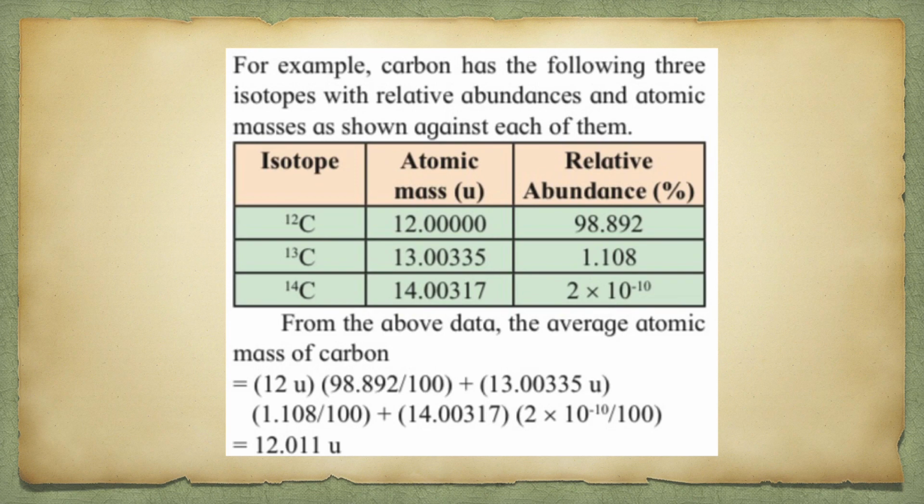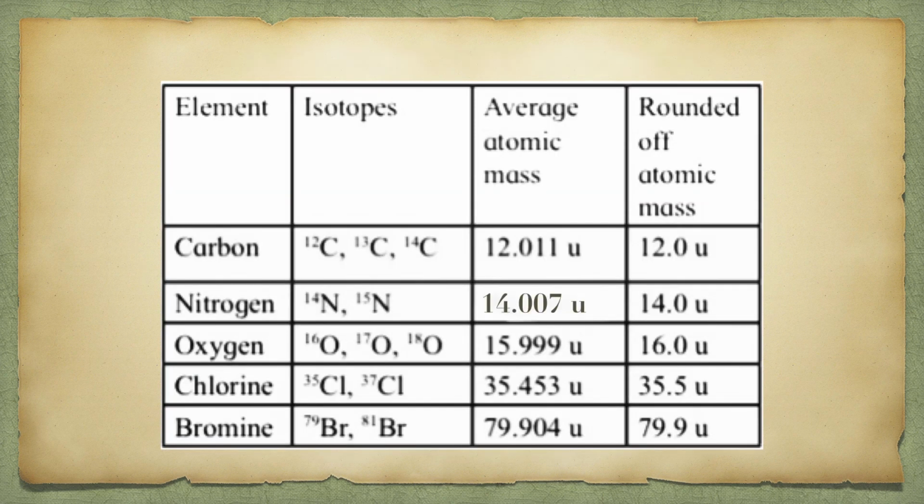So similarly, average atomic masses for other elements can be calculated. Now we'll see the isotopes of some of the elements and their average atomic mass. Carbon exists in three isotopic forms, that is carbon 12, carbon 13 and carbon 14.